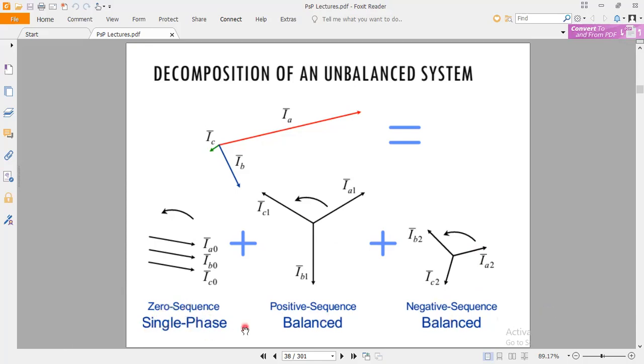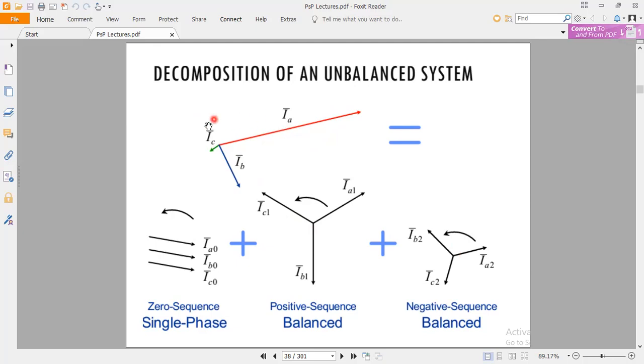If a fault occurs, the balanced system becomes unbalanced. What is the consequence for the phase sequences? The phase sequence would be disturbed in this way, from this one to this one. So this is the decomposition of the system from balanced to unbalanced.